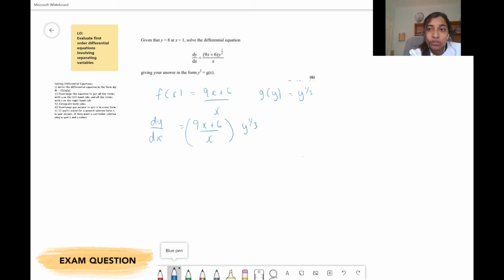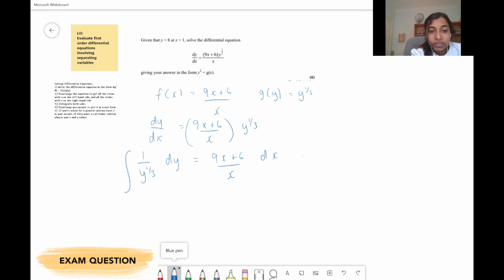Then we want to rearrange this. If we divide both sides by y to the power of a third, we get 1 over y to the power of a third dy is equal to (9x plus 6) over x dx.